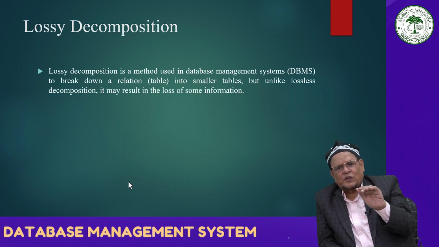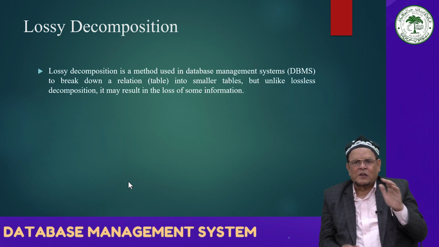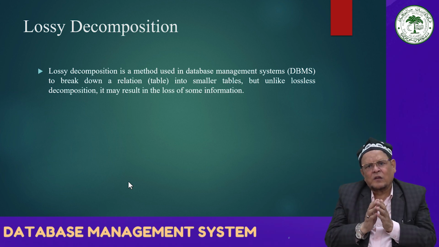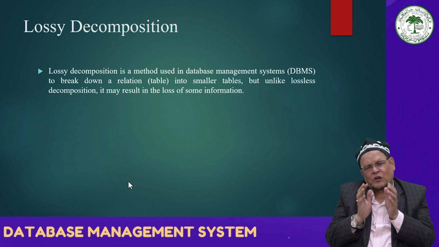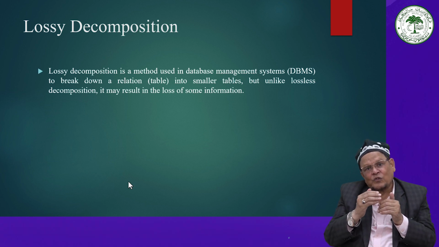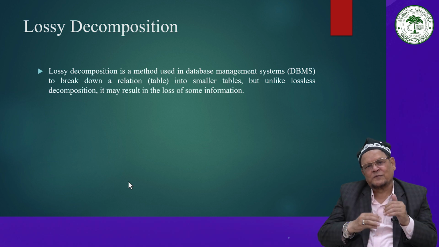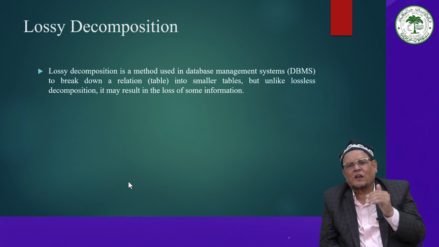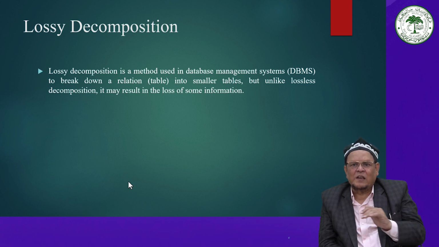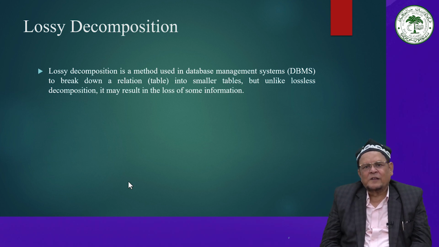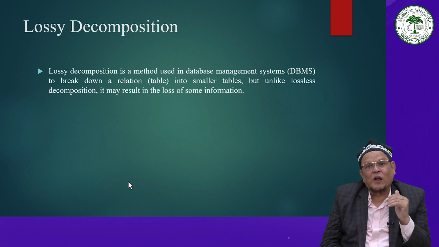It means when we decompose the relation and then join by a common key, we are losing some attributes, you can say tuples. Suppose in the original there are 10 records, after joining you are getting 9, 8 like that, or it may increase to 11, 12, whatever.